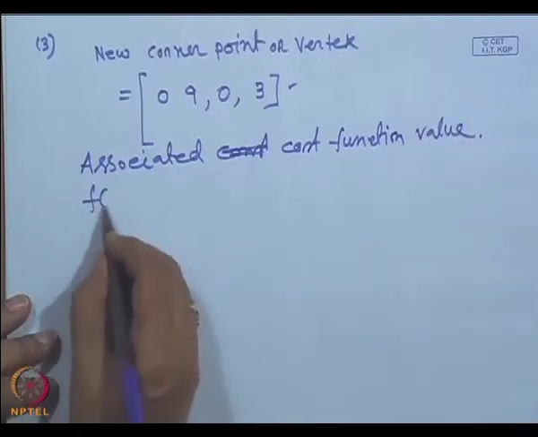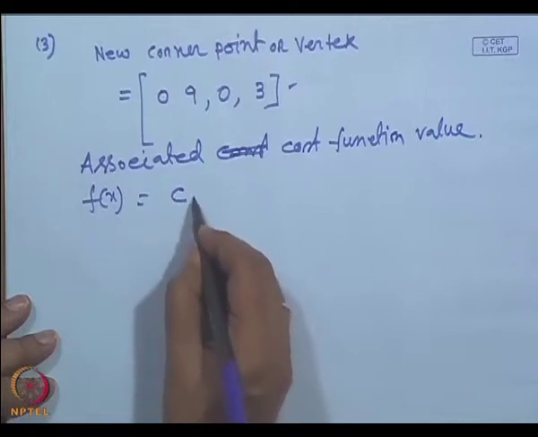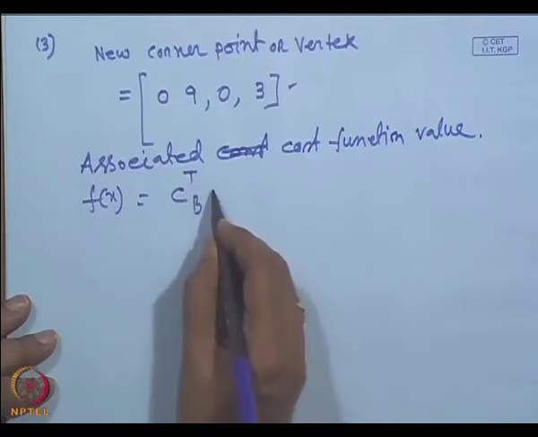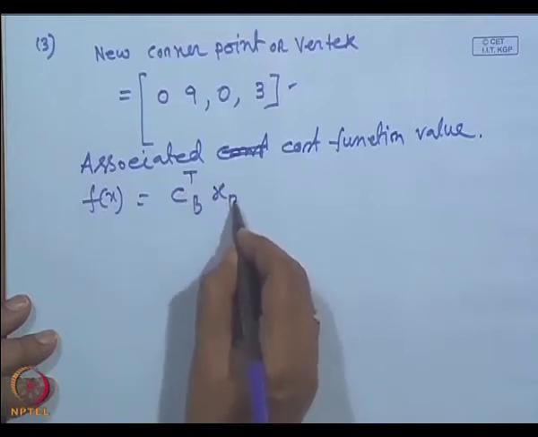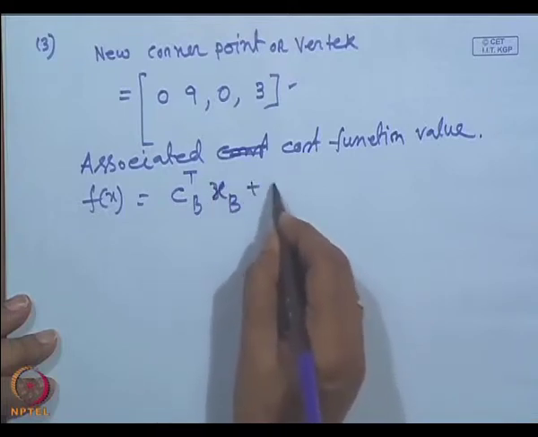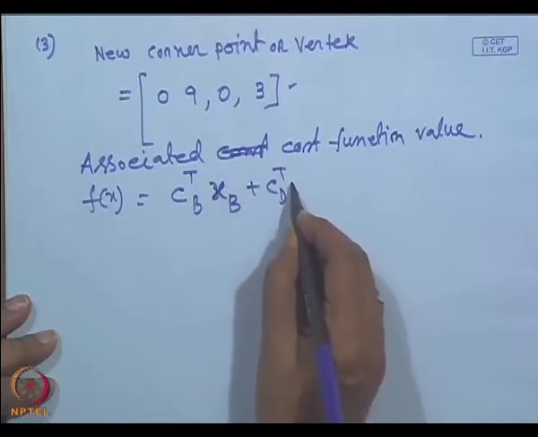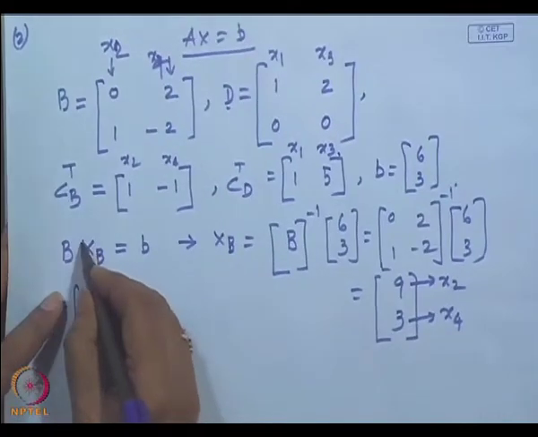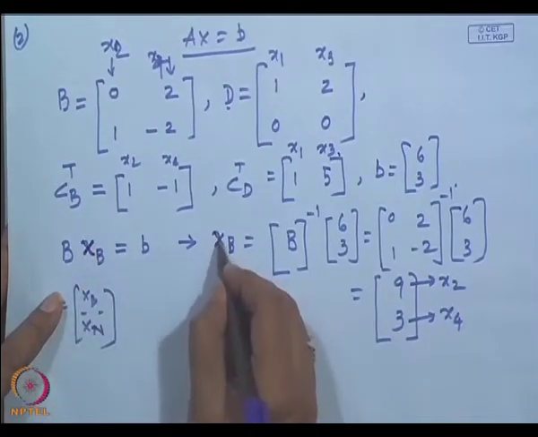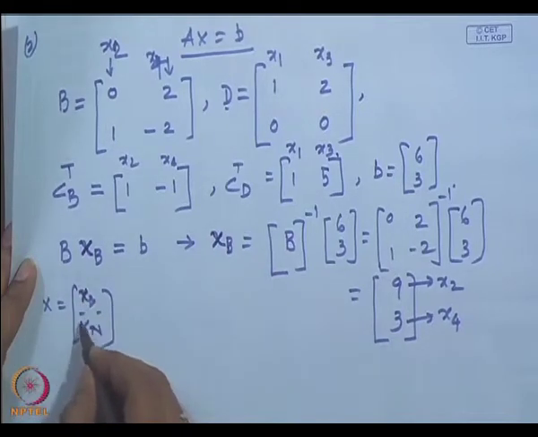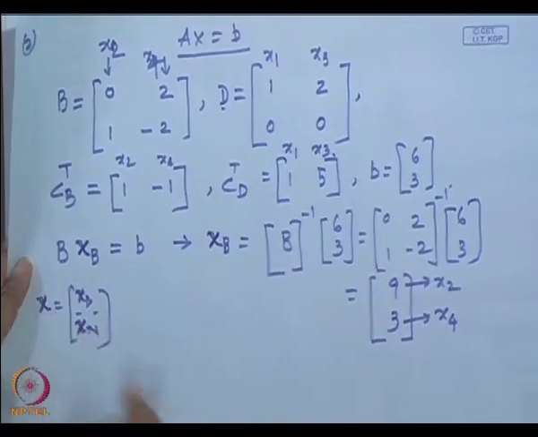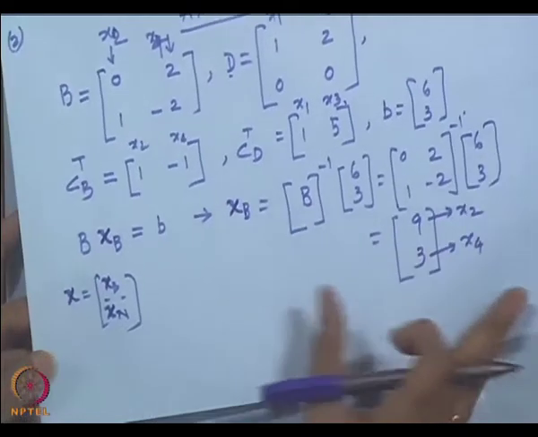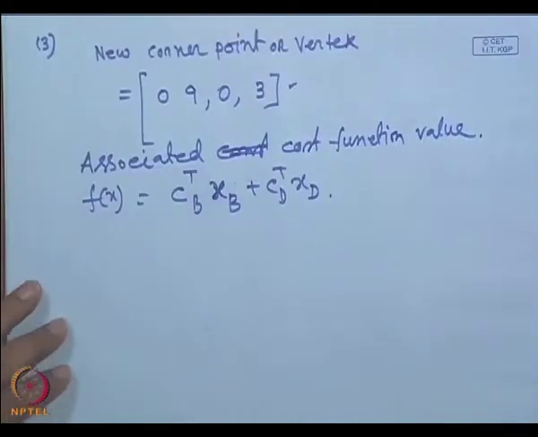We know f of x, if you recollect, is C B transpose x B plus C D transpose x D. Agree? In this notation I have written small x b and small x d. Throughout the text keep it as small x.